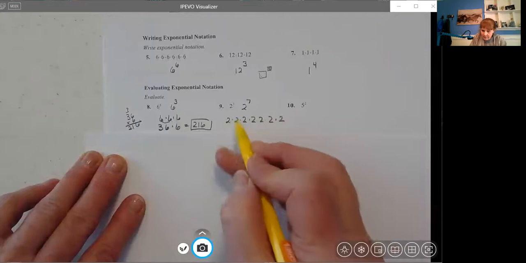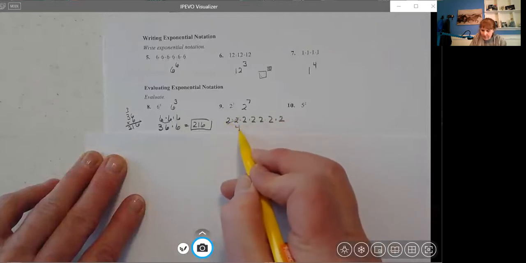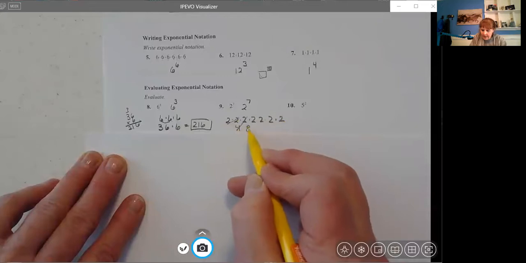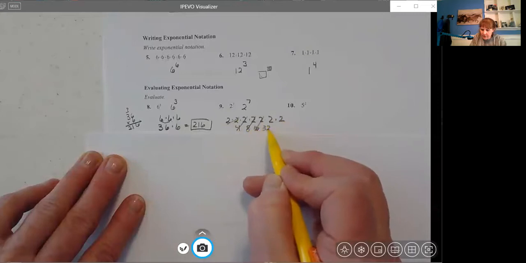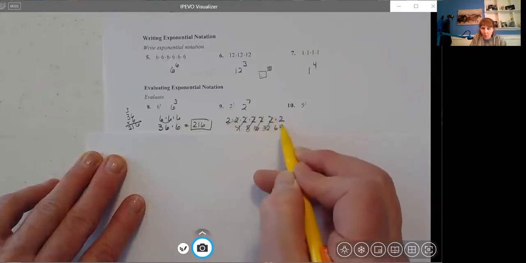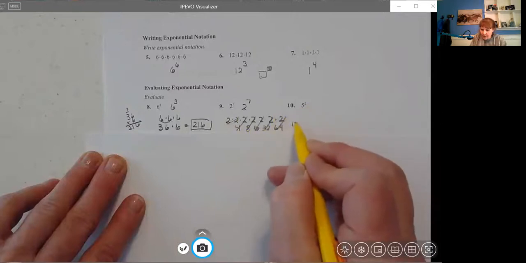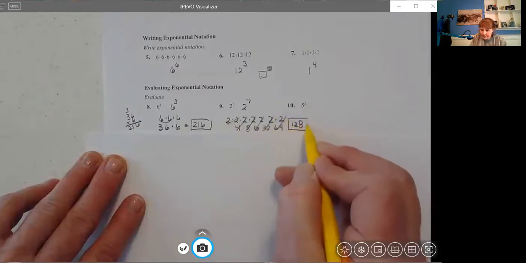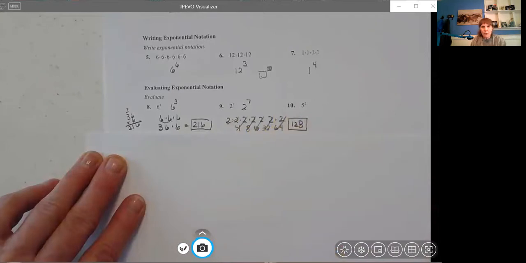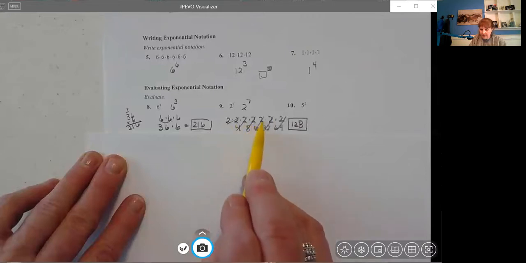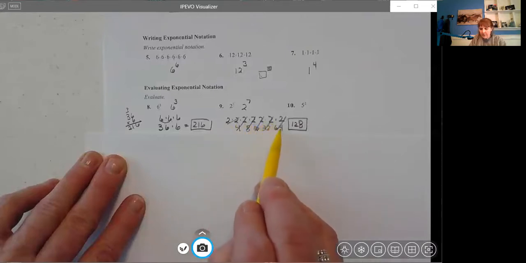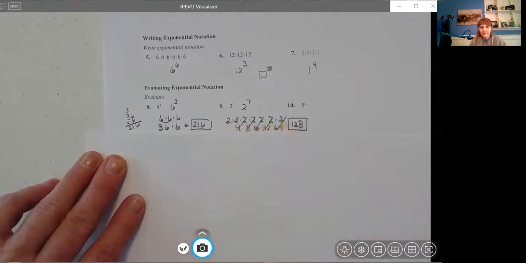So you start out, 2 times 2 is 4, times 2 is 8, times 2 is 16, times 2 is 32, times 2 is 64, times 2 is 128. 2 to the 7th is 128. Just work your way from left to right, multiplying them together.